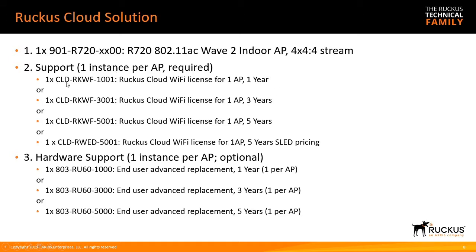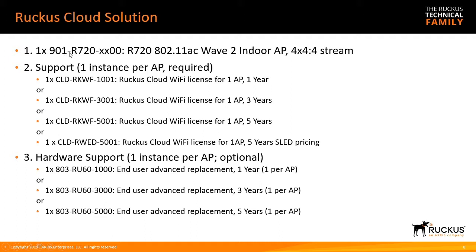There's a 1 year, 3 year, 5 year cloud subscription. That's all you need to get your cloud up and running, on a per-AP basis, remember. And then hardware support is optional if you wish to have advanced replacement for 1 year, 3 year, 5 year for your APs. But again, totally optional.